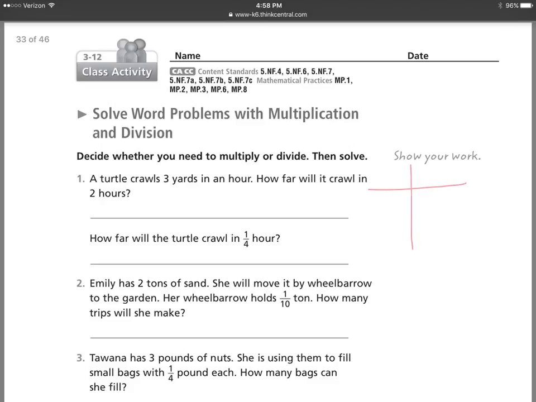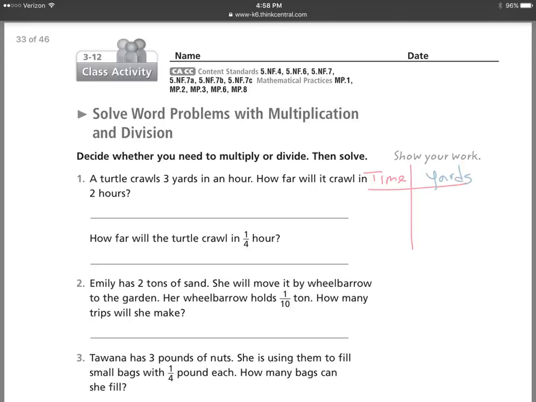And labeling the T-chart, on the top left-hand side would be the time in hours. And on the right-hand side of our T-chart could be the distance that the turtle crawls, and that's in yards.